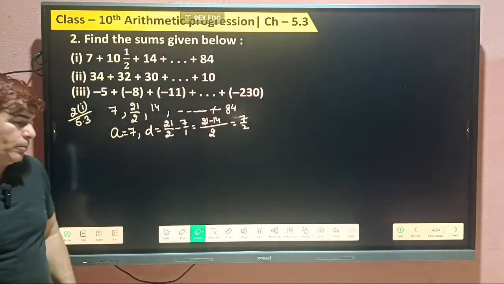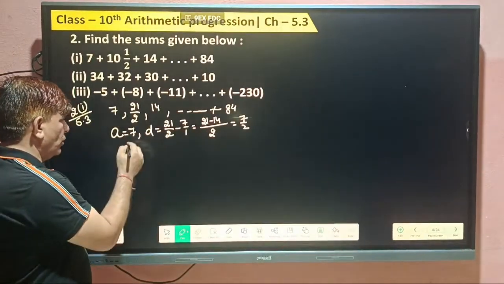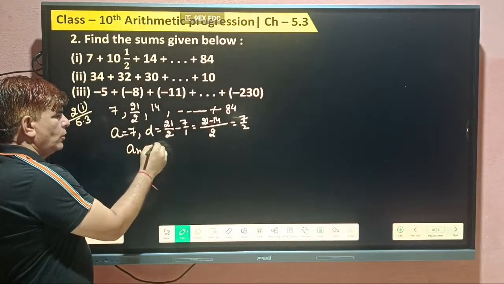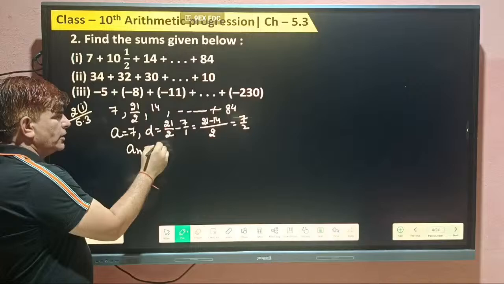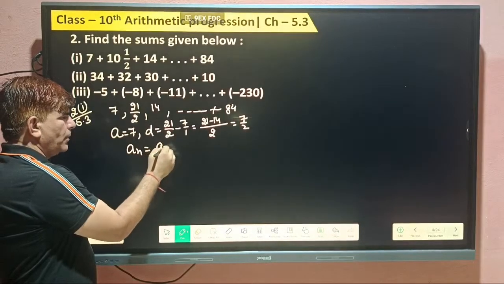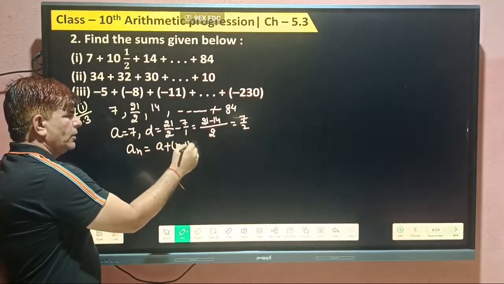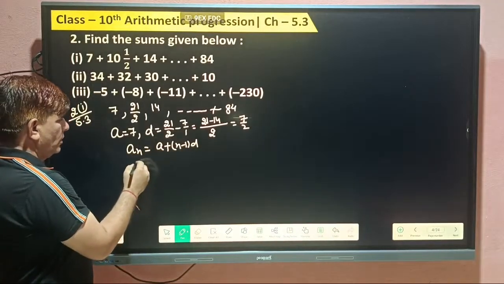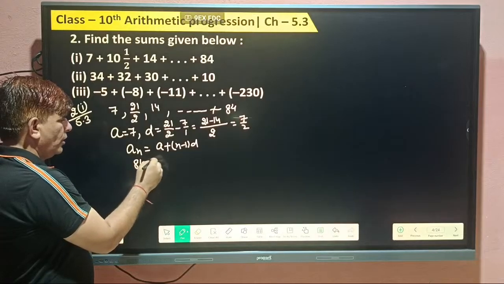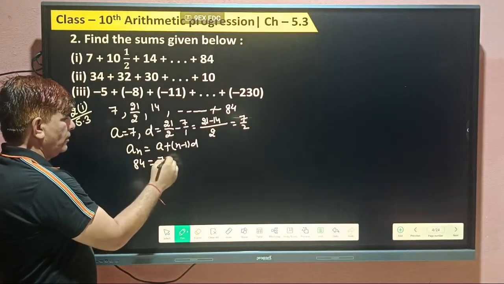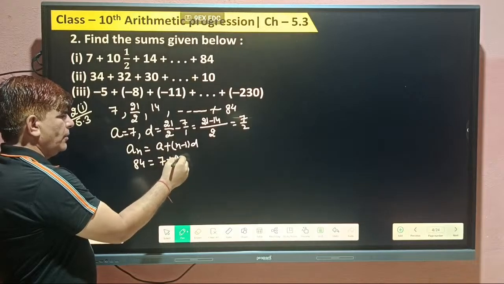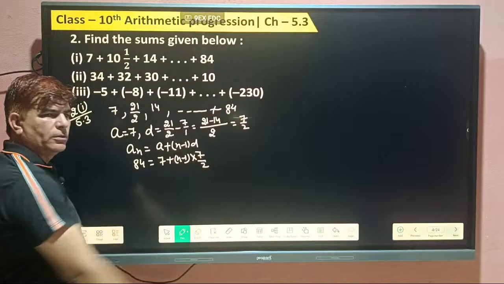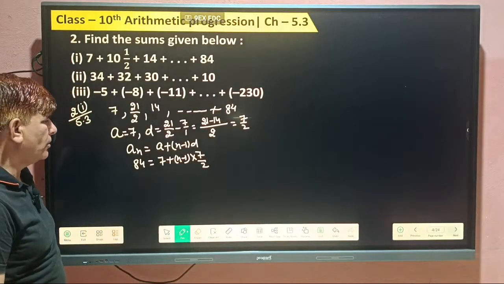So n, how can we find out? You know the previous knowledge. What's your formula? An equal to a plus n minus 1 into d. An is 84. So 84 equal to 7 plus n minus 1, d is equal to 7 by 2.